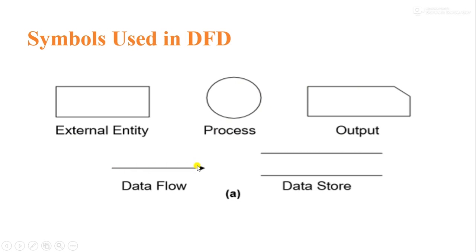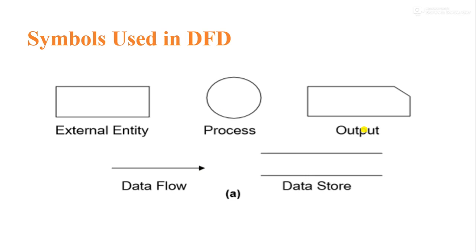The arrow symbol represents the flow of data, showing from which process to which process the data is flowing. To show the flow of data between processes, we use this arrow symbol. And this symbol is used to represent the data store or logical data storage. So these are the five symbols that we can use to draw our DFD diagram.